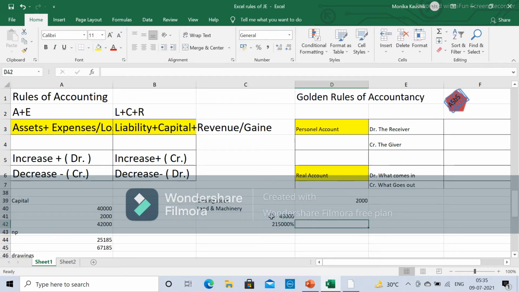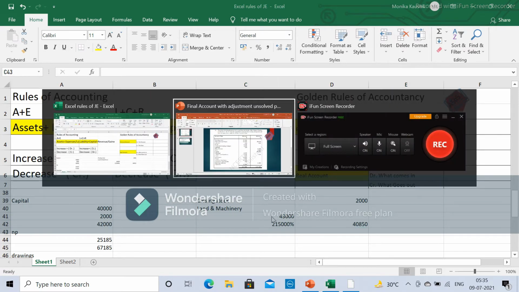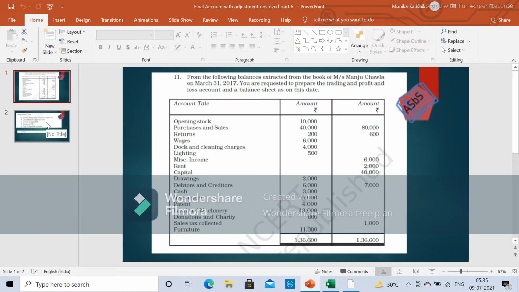Here is some formula mistake. So it is equal to 43,000 minus 2,150. This will be the cost of land and machinery after deducting the depreciation.